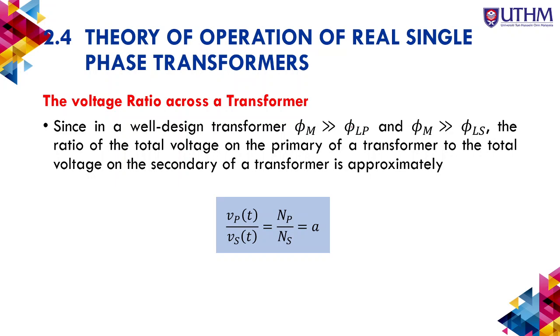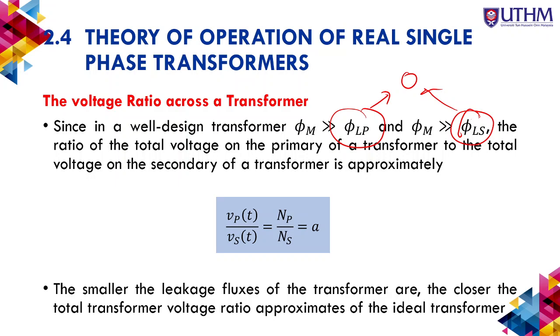So this part they assume as 0. Therefore they are not using it in the equation, so they assume 0. So the smaller the leakage flux of the transformer, the closer the total transformer ratio approximates to the ideal transformer.